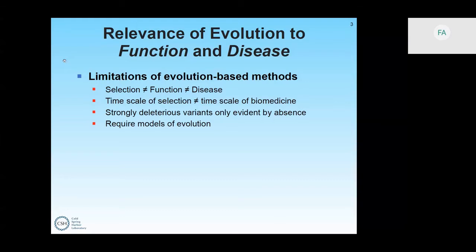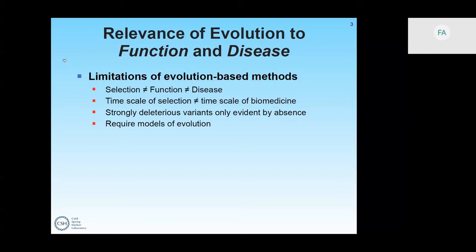So first, let me talk about a few of the limitations. Obviously, natural selection is not the same thing as any type of molecular function, and neither of those is the same as disease relevance. So we have to keep that in mind when we use these evolutionary methods to identify, let's say, variants that might be associated with diseases. One component of that of particular importance is time scale.